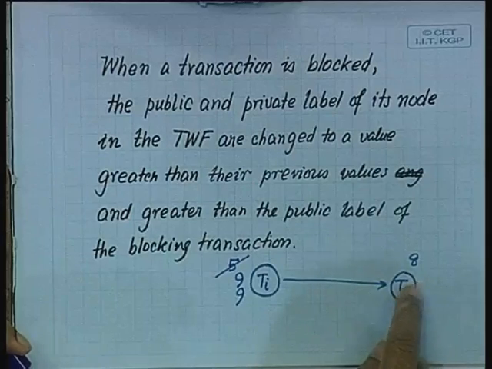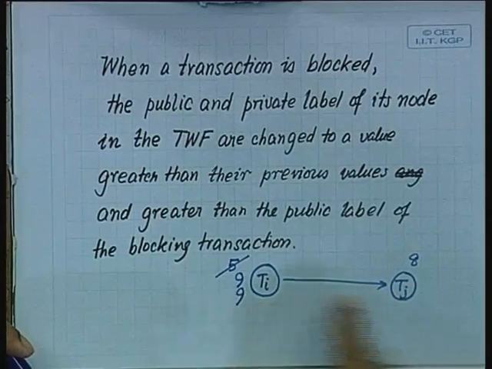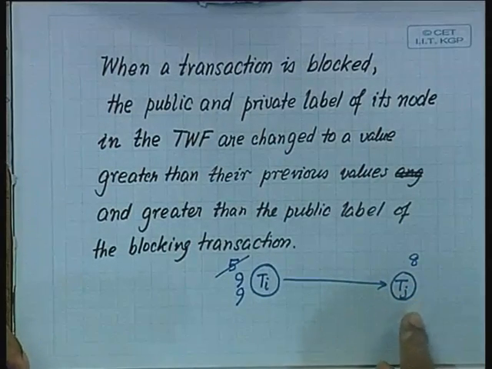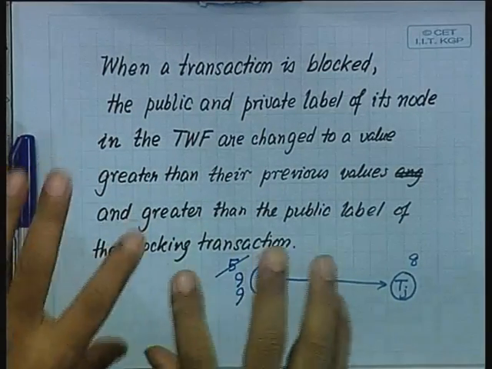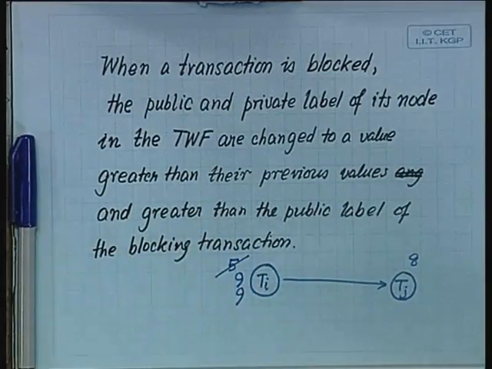So, it is better that we abort Ti rather than Tj. As and when new transactions are coming and getting blocked, their labels are increasing. Now, how do the labels propagate backwards?